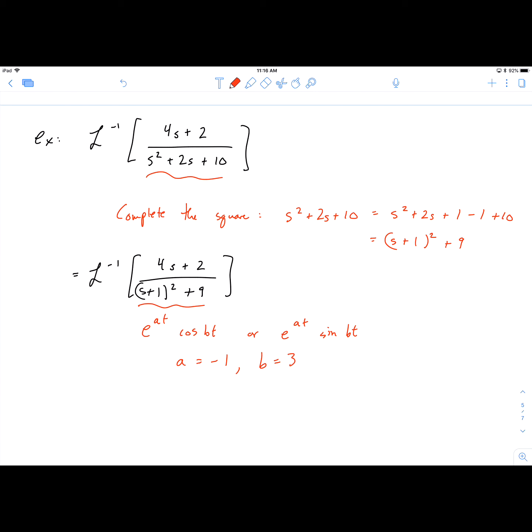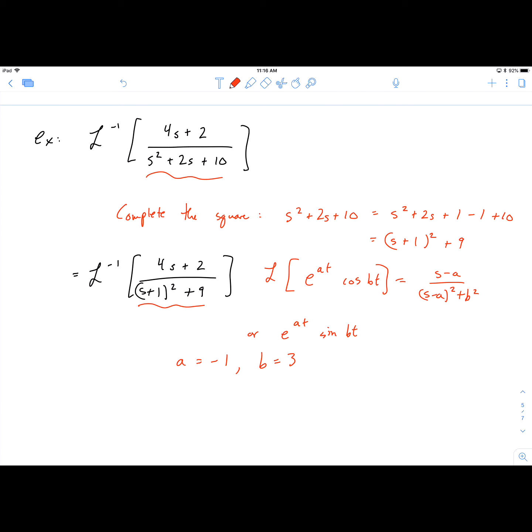Now, if you look at the numerator, this is where things get tricky, because we have 4s plus 2, and the cosine part includes an s on the top, and the sine part does not. Just as a reminder, let me put these over here. The Laplace transform of the cosine is s minus a over s minus a squared plus b squared.